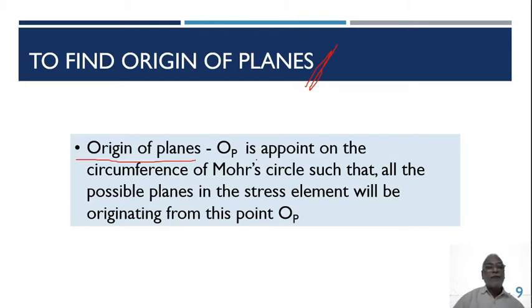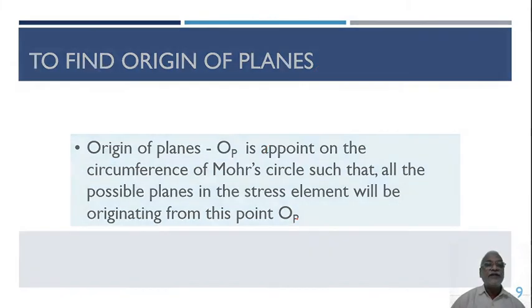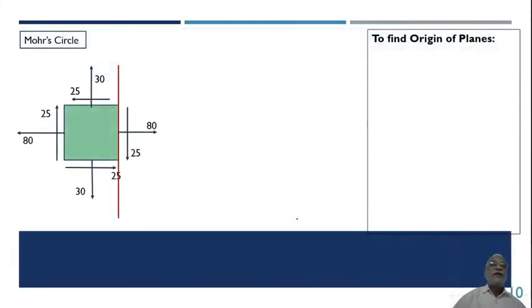OP, origin of planes, is a point on the circumference of Mohr circle such that all the possible planes in stress element will be originating from this point. Anyway, we'll dig into the details here. Here I have a biaxial stress system, right? The point of discussion is origin of planes.